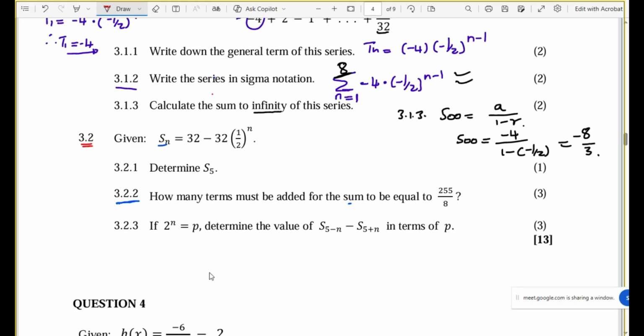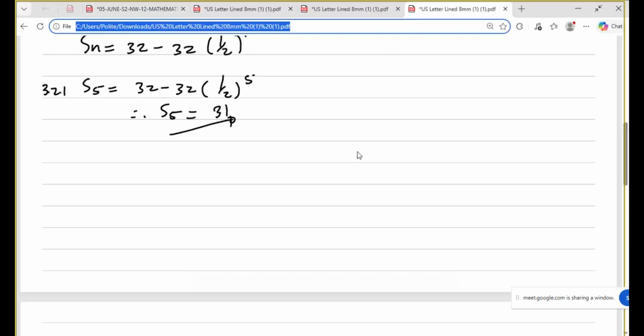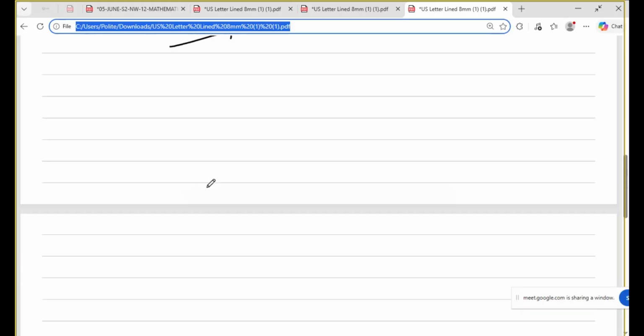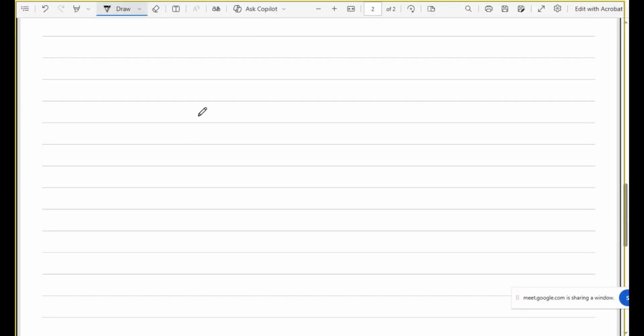Since it's geometric, I'll write the formula for sum down. The formula Sn is equal to a into 1 minus r to the n, everything divided by 1 minus r.